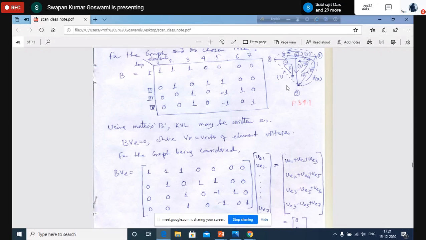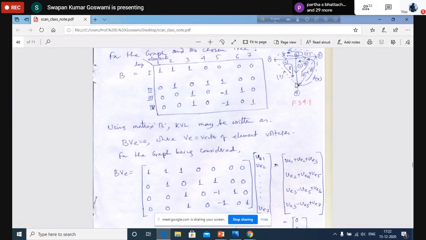Okay, let us go back to the network graph where we have identified the loops and shown the formation of the loops also. So let us observe loop 1: V1, V2, V3 all added. V1 plus V2 plus V3. So this is nothing but the sum of all voltage drops around loop 1.